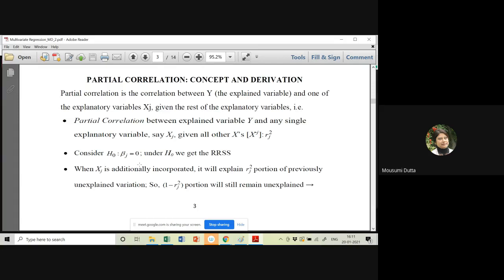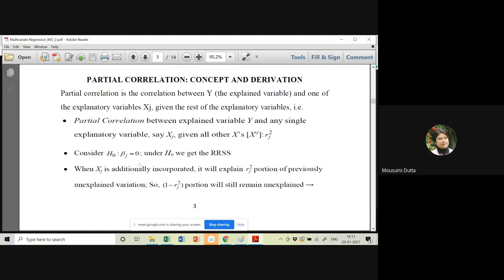So looking at the matter from the other way around, suppose in the first model, we do not have xj, we have the restriction there. And then xj is additionally incorporated. It will explain Rj square portion of previously unexplained variation.